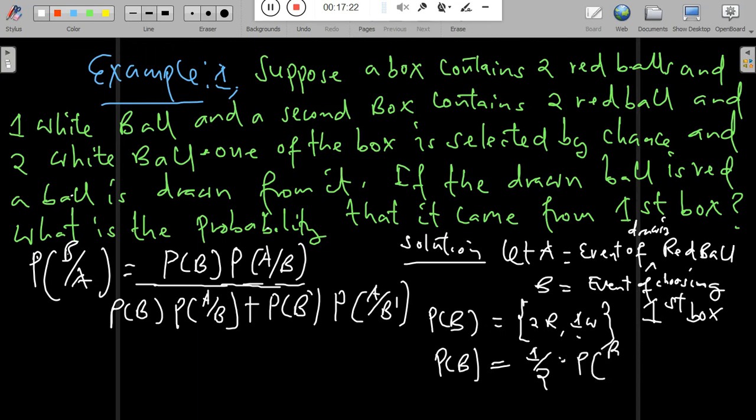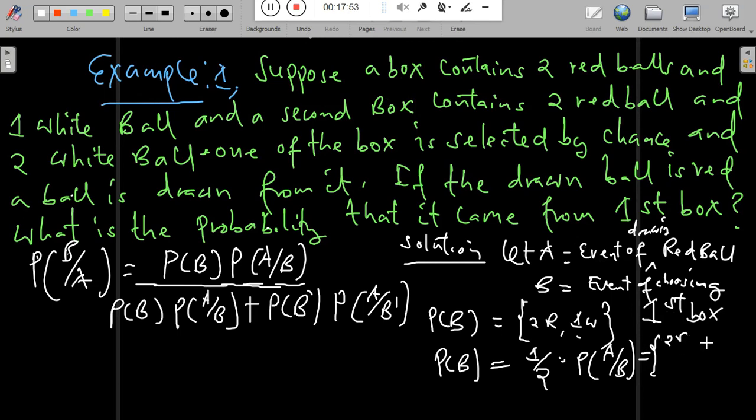So after that we find out the probability of what is known as A given B. The probability of A given B is like, we consider that A was representing the event from the first box.